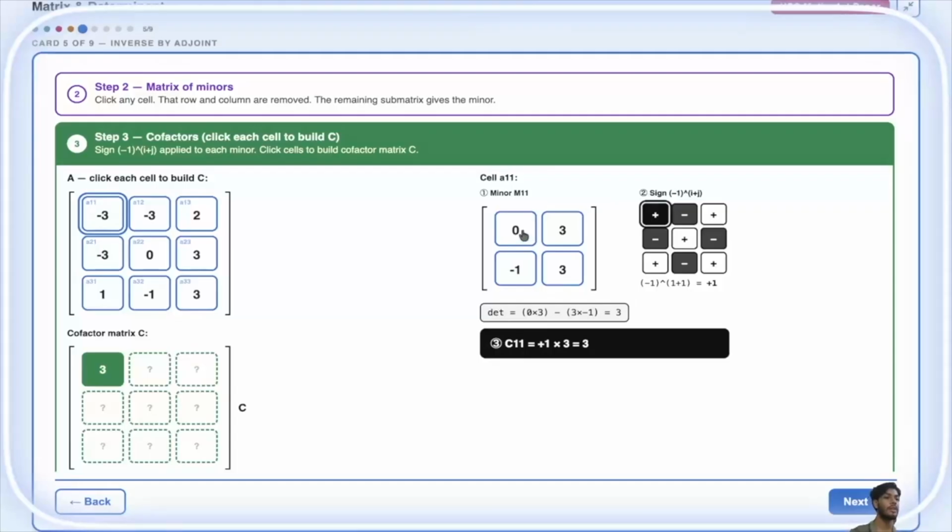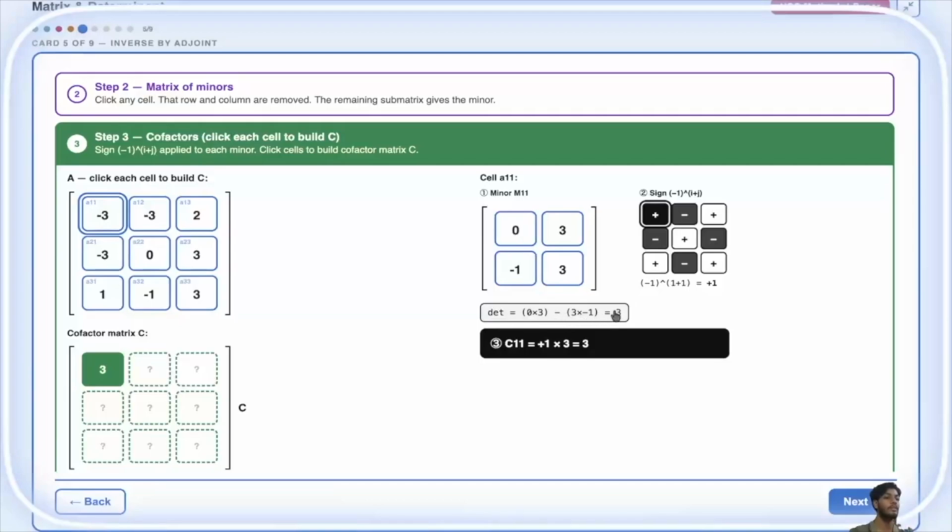By the way, you can say this minor matrix has a value, which we calculate this way. We multiply 0 by 3 and we multiply 3 by minus 1. So 0 and 3 multiplied is seen here, and minus 1 and 3 multiplied is seen here, and they are subtracted.